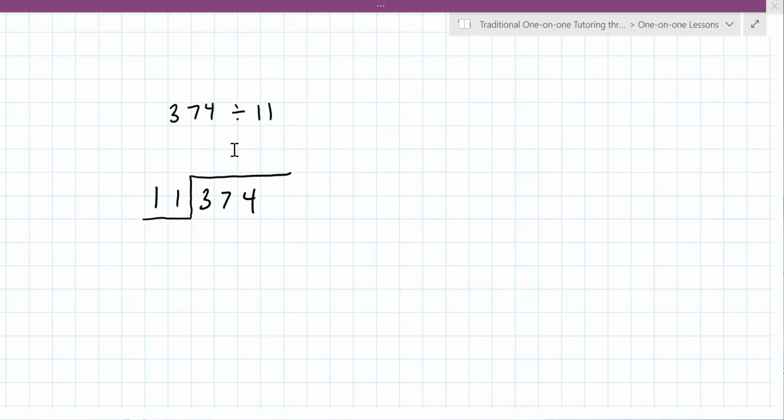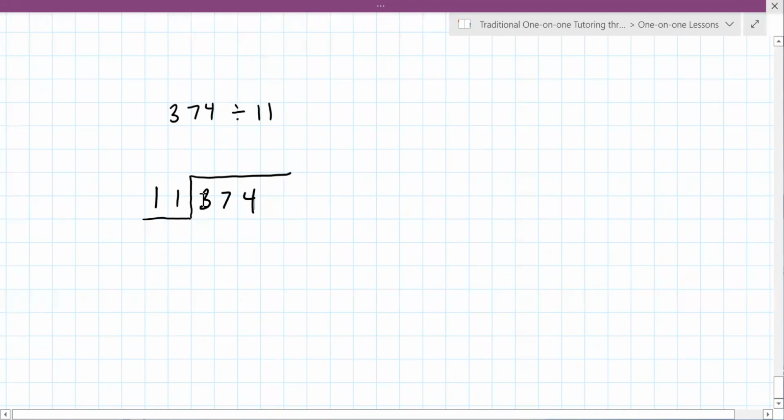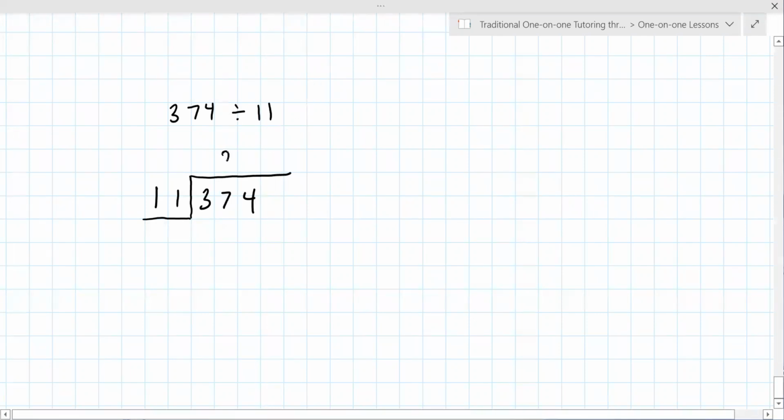Okay, you've got to tell me how many times does 11 go into 37? 3 times. So where does the 3 go? Does it go above the 3 or above the 7? It goes above the 7. Okay, what is 3 times 11? 33. So 33 goes down here, and then you subtract.